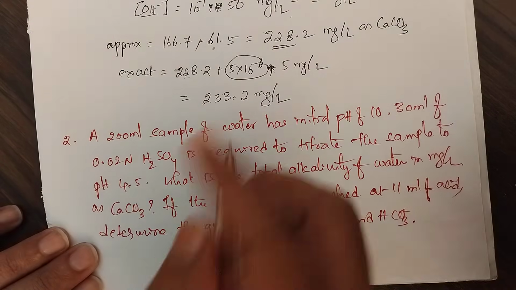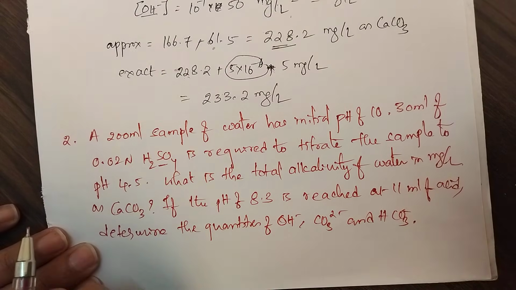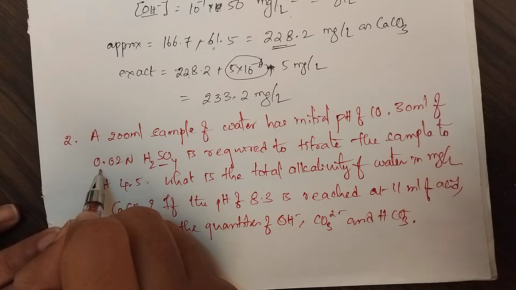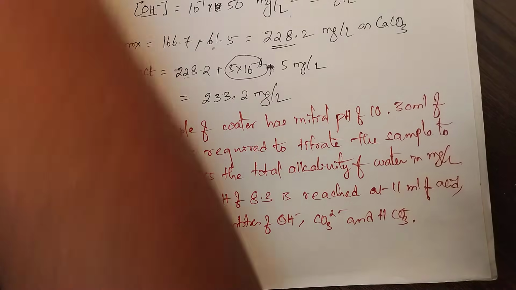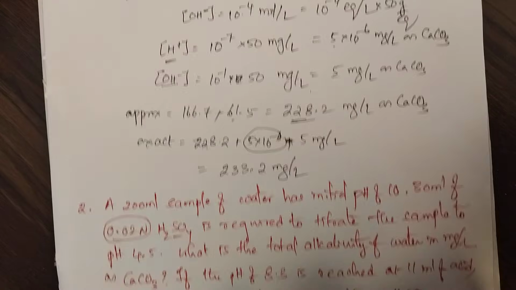Okay, so we have given here the concentration of H2SO4, that is acid, in normals, and pH is given.